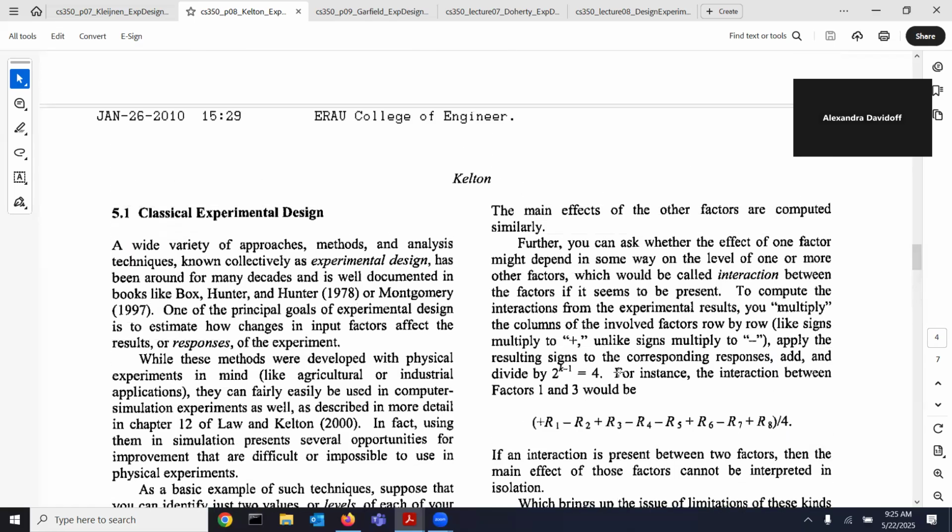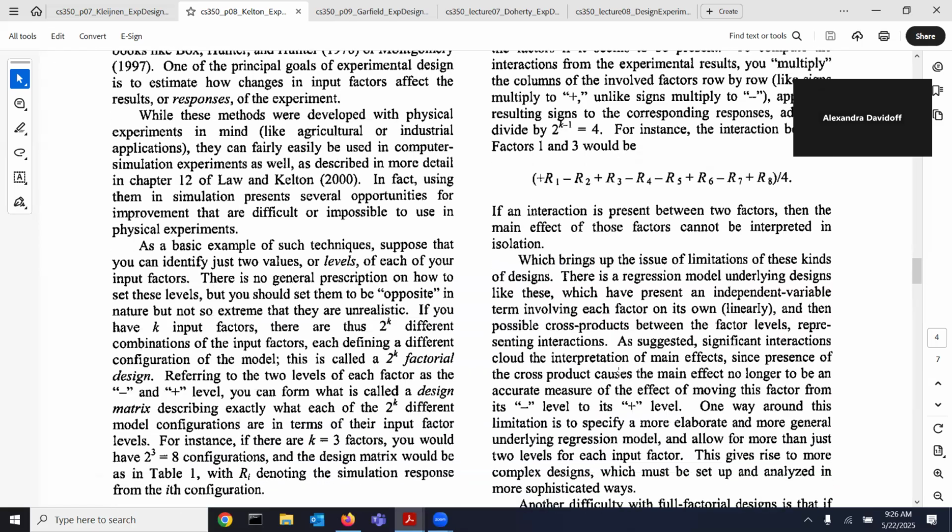Now here, the next one is asking, what if there's some kind of interaction between two of these things? And a simple way to ask that question here is, he says something that's a little bit confusing: you multiply the columns like signs, but really what he's doing is the old math. Negative times a negative is a positive, positive times a negative is a negative, right? So that's what he's getting here.